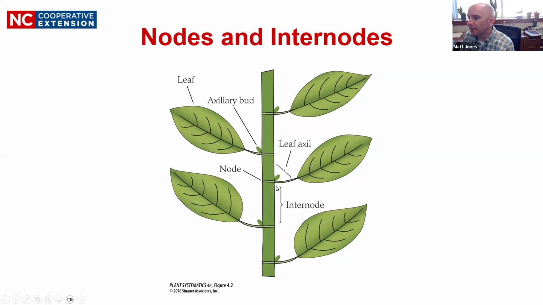And the distance between any point where leaves are connected, the distance between nodes, is called the internode. So when a plant is growing in primary growth, or growing in height, the internodal space will increase as the individual cells expand.